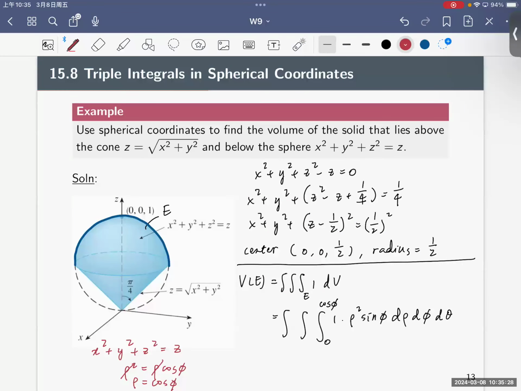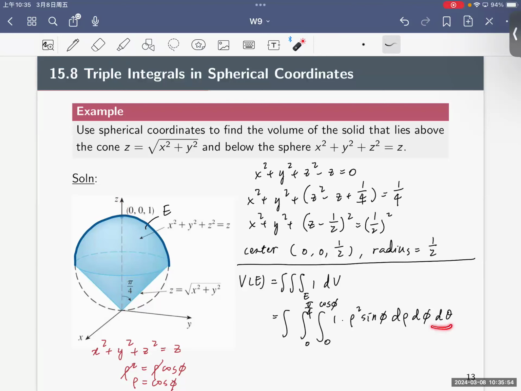Now we know this angle is pi over 4, so the largest possible value the angle phi can reach is pi over 4. The lower limit for phi is 0 and the upper limit is pi over 4. It starts from the positive z-axis and reaches as far as pi over 4.